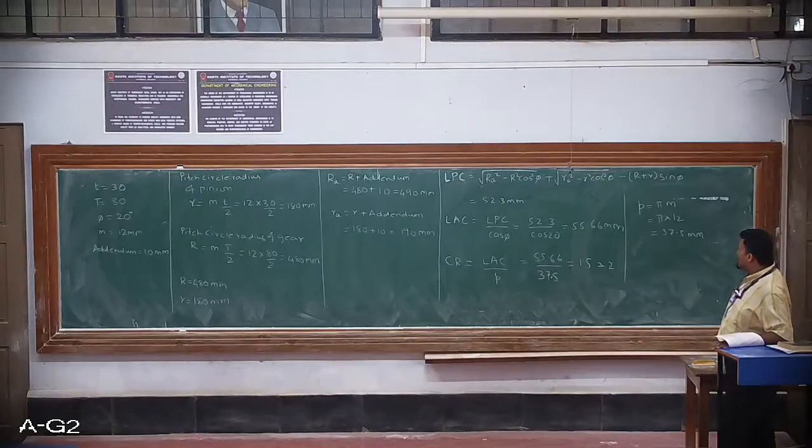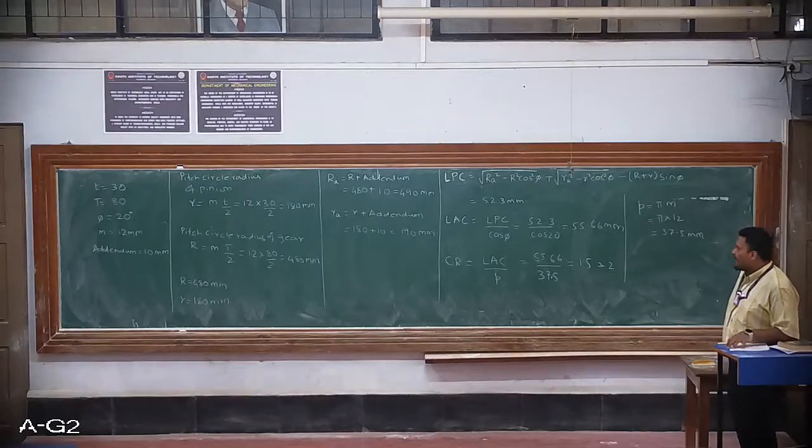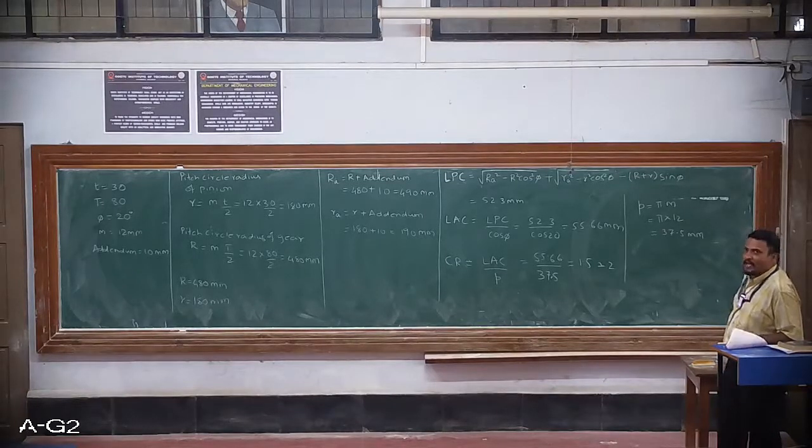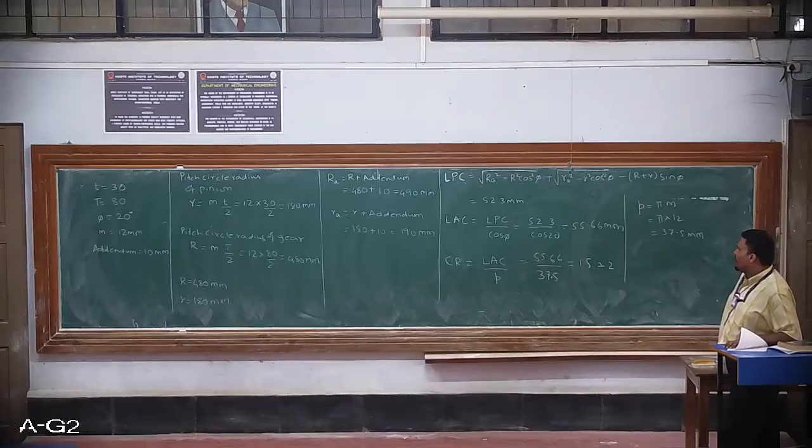Substitute all these values in that equation and simplify, you get the length of path of contact as 52.3 mm. The length of arc of contact is the length of path of contact divided by cos of the pressure angle. So 52.3 divided by cos 20, we get 55.66 mm.